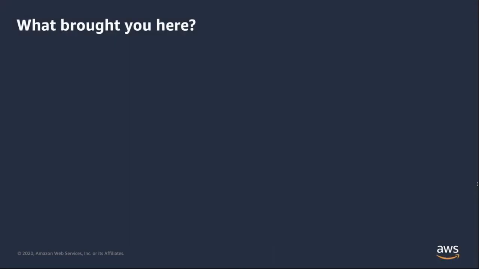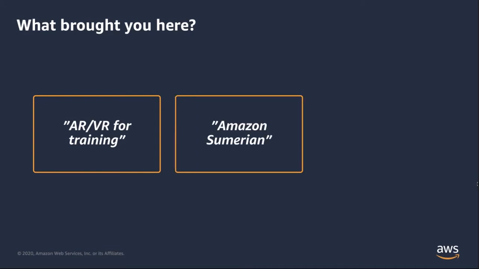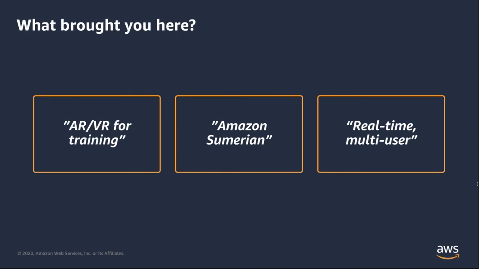So I realize many of you may have been enticed by this presentation for a number of different reasons. The description covered a lot of ground. It mentioned augmented reality and virtual reality applied to training. It also specifically mentioned an AWS service called Amazon Sumerian, which is our service for creating immersive 3D content. And it talked about architecting real-time multi-user applications.